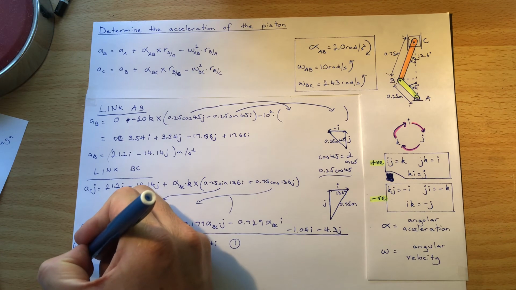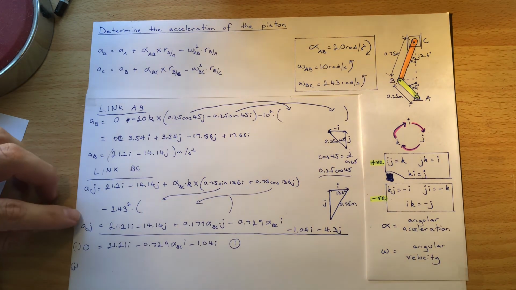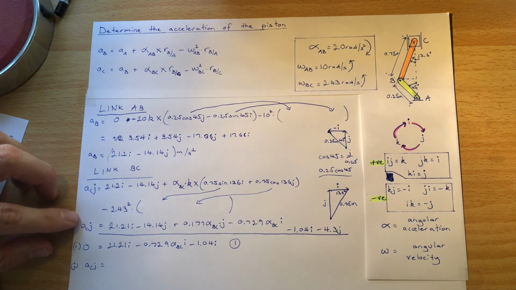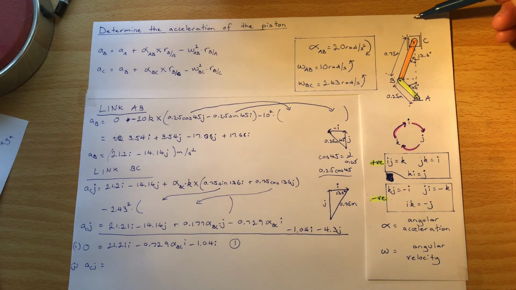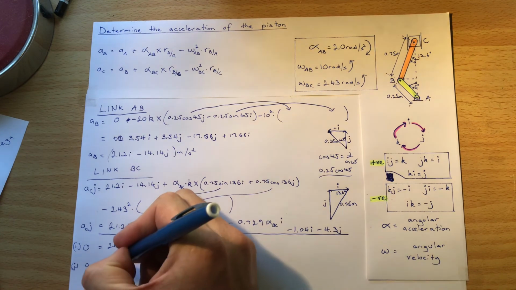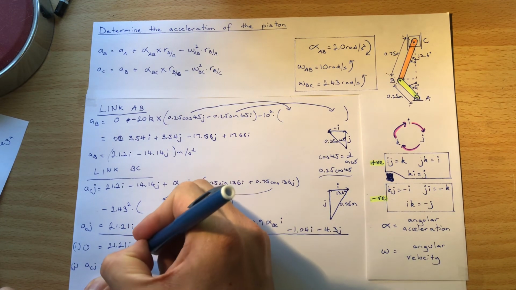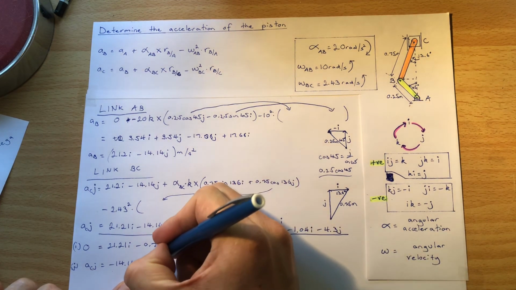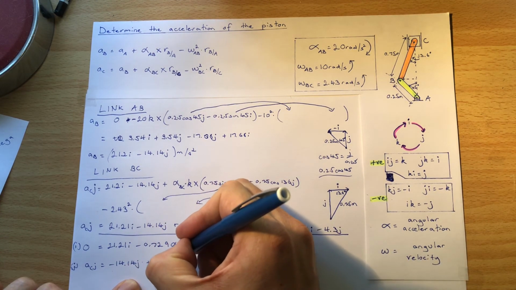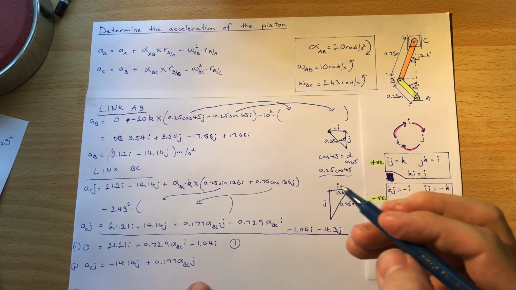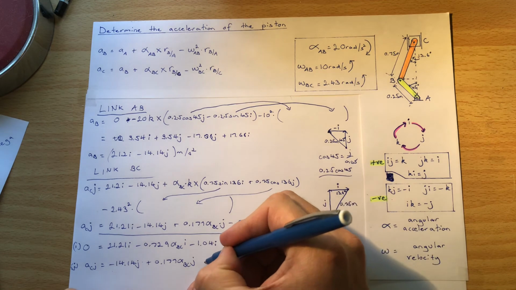Now we'll get our j components. On the left side of the equation we have the acceleration at C, which is obviously the j component. So this is why it was important to note and recognize that this is a purely j component. On the right-hand side of the equation we have minus 14.14j plus 0.177 alpha BC j minus 4.3j.